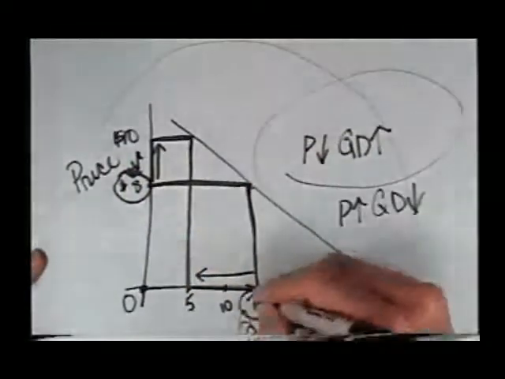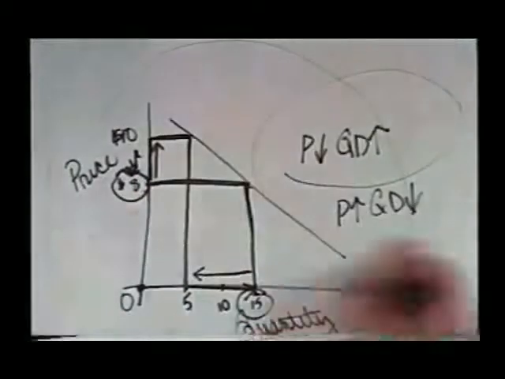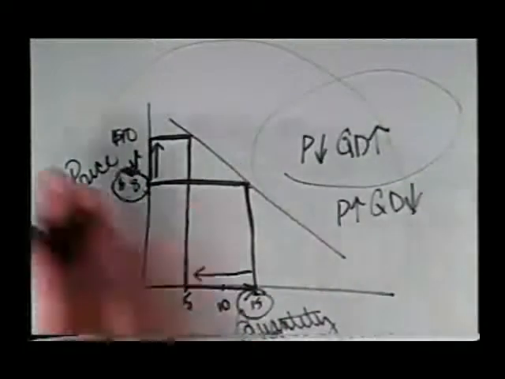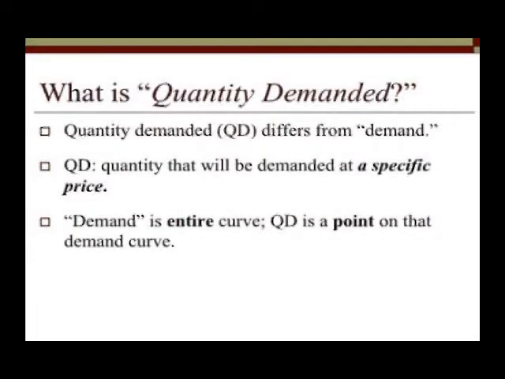So quantity demanded, price specific. Whereas demand was the entire demand curve, various prices, various quantities. Demand is represented by an entire curve, whereas quantity demanded is a point on the demand curve.